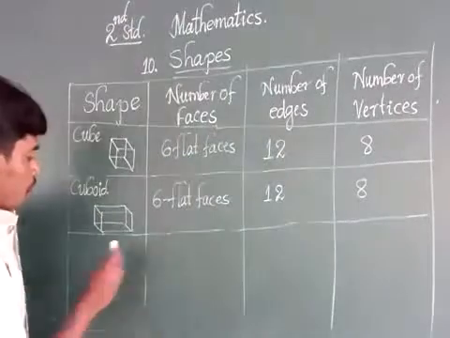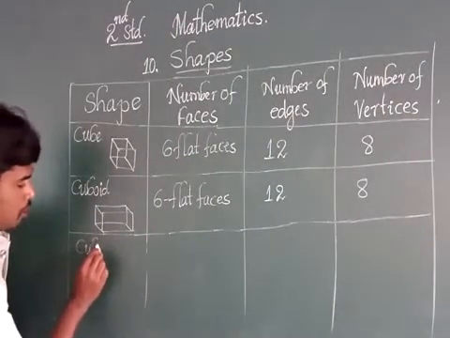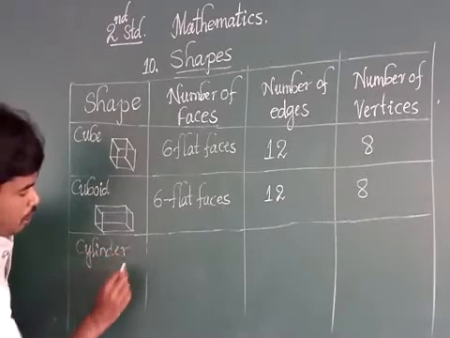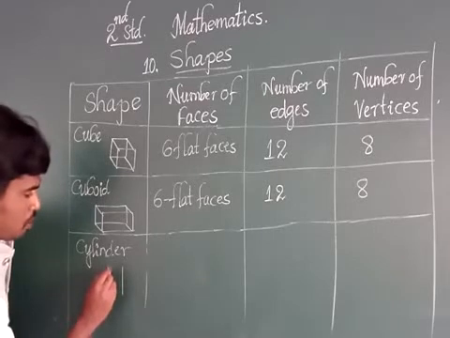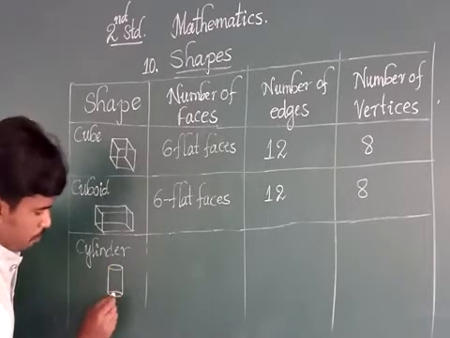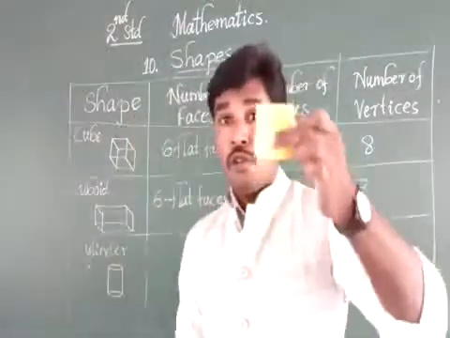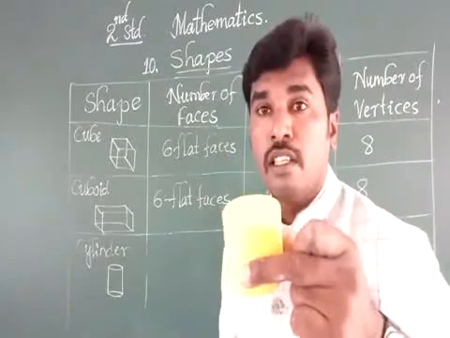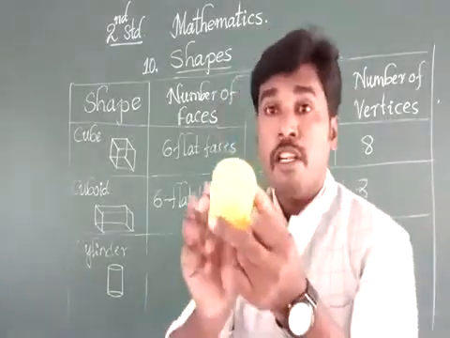Here you can write the shape of the cylinder like this. Two flat circular faces. How many faces does it have? Observe, dear children.